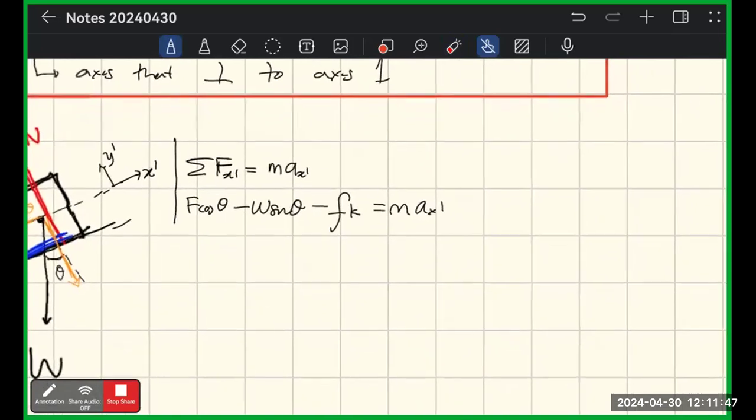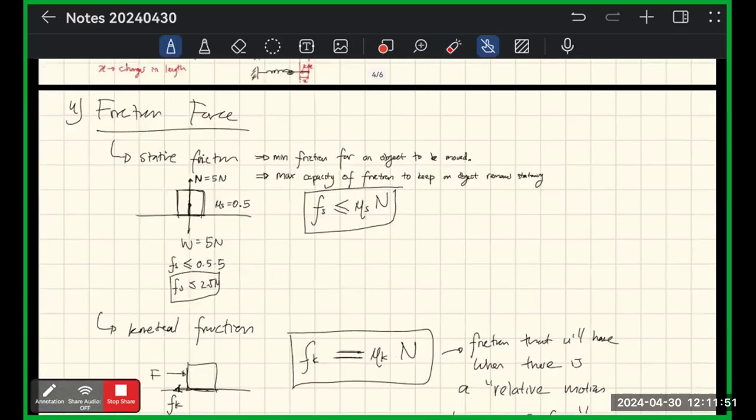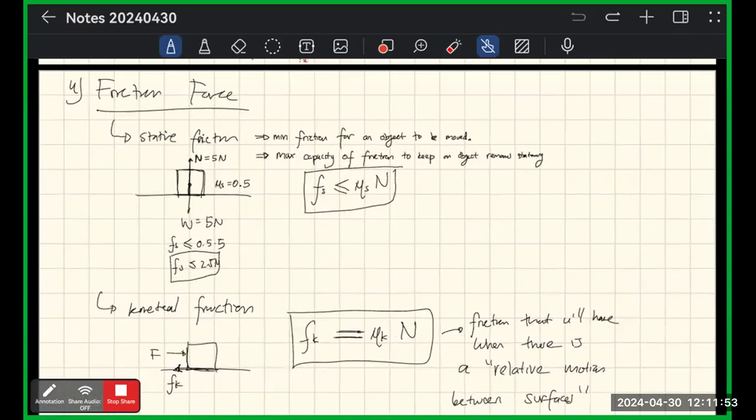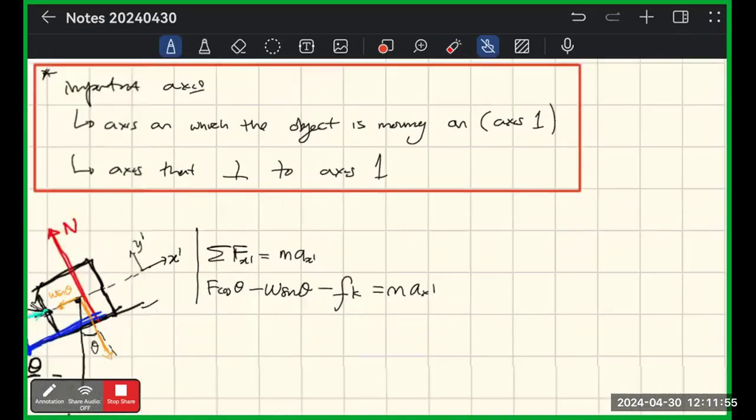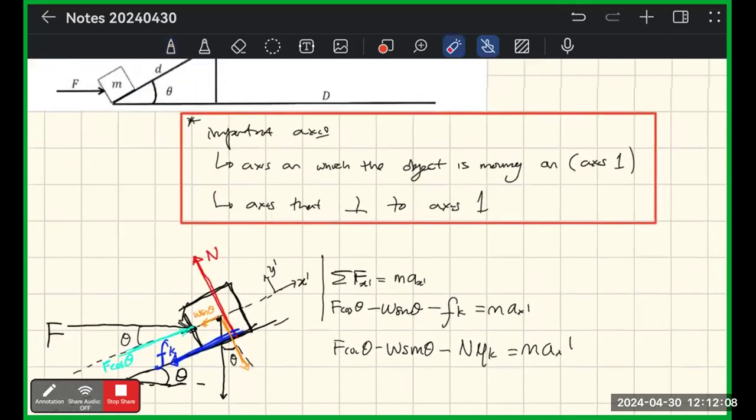Before we finish our first equation, we will plug in the formula for the kinetic friction. So it's F cos theta negative W sine theta negative fk, which is mu k times N, equals ma x prime, and this is to show the equation asked in the first question.